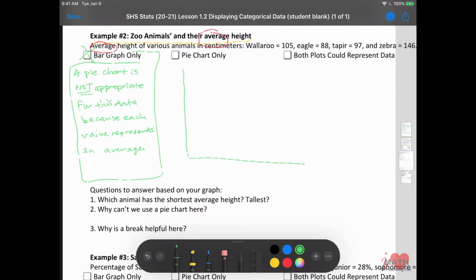We have our title: average height of animals.